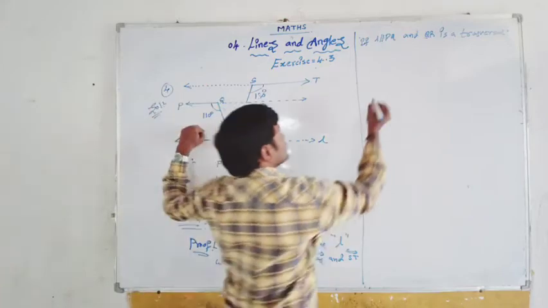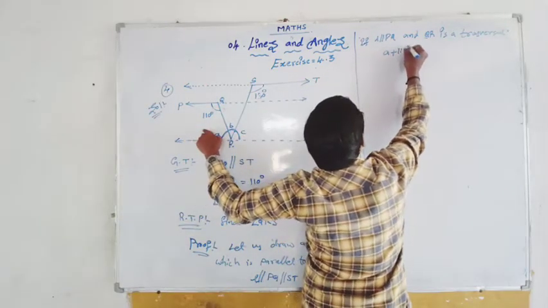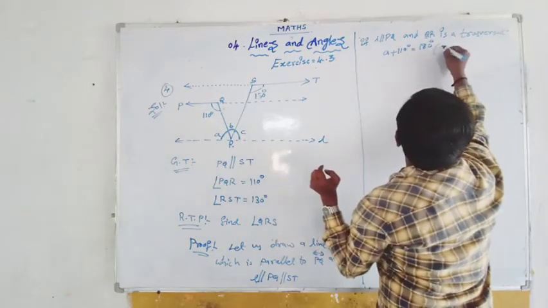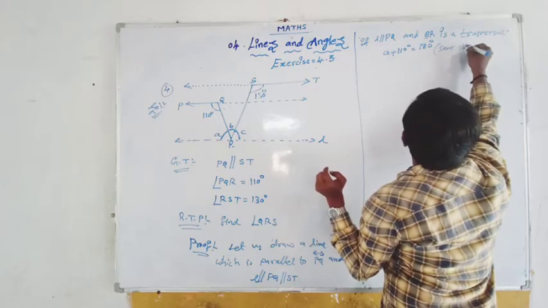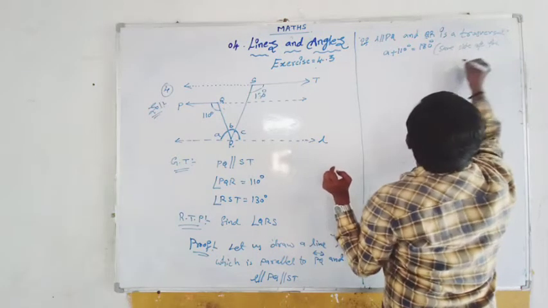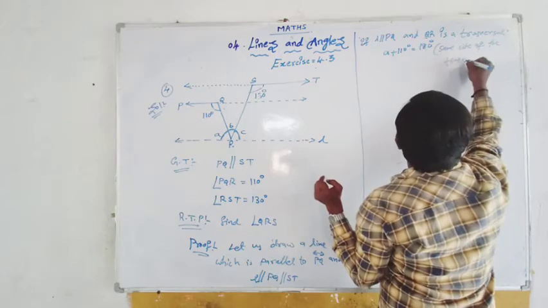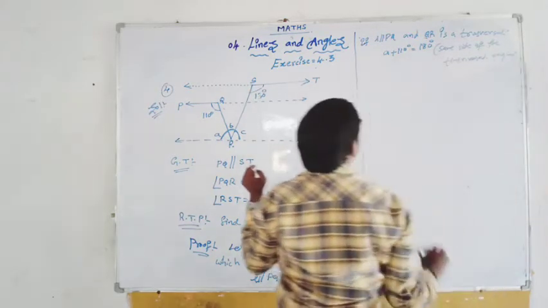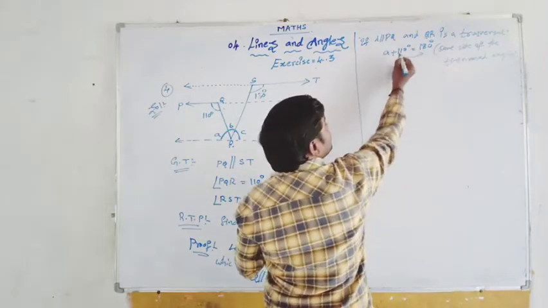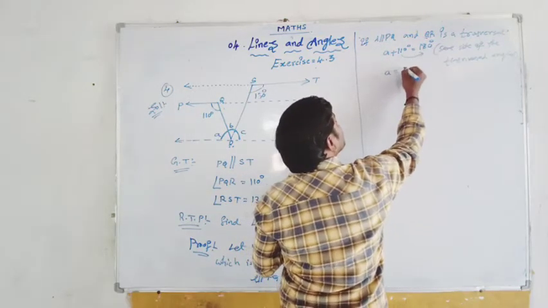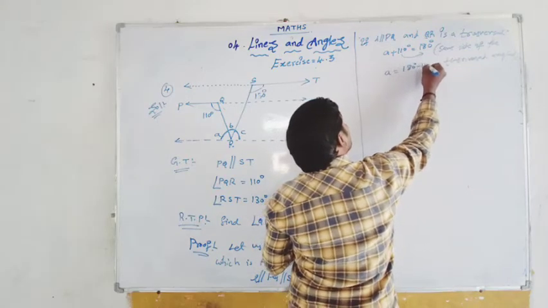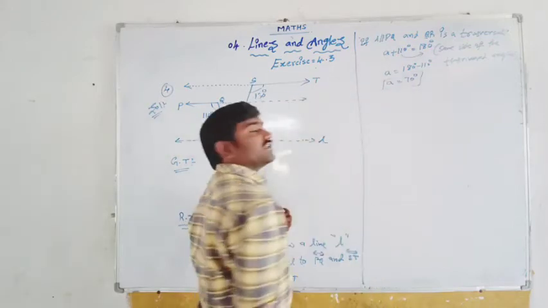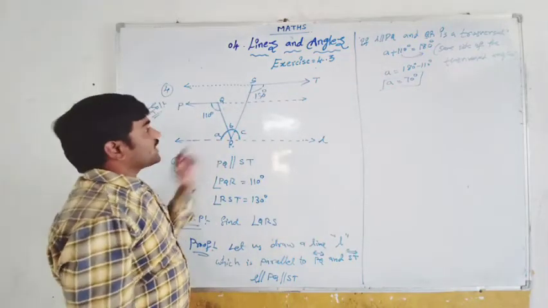So the sum of these two angles, A plus 110 degrees, is equal to 180 degrees, because they are angles on the same side of the transversal. Transfer 110 degrees to the other side. So A is equal to 180 degrees minus 110 degrees. So A is equal to 70 degrees.